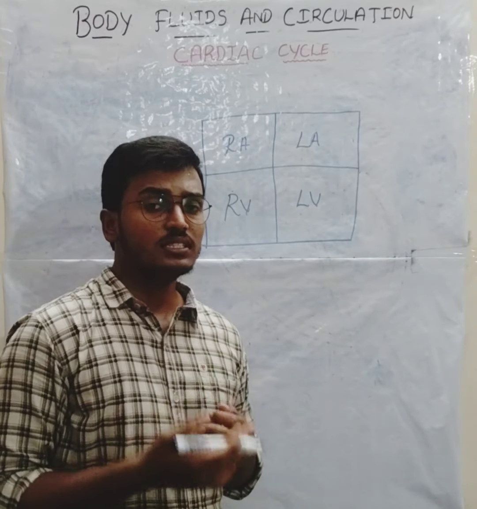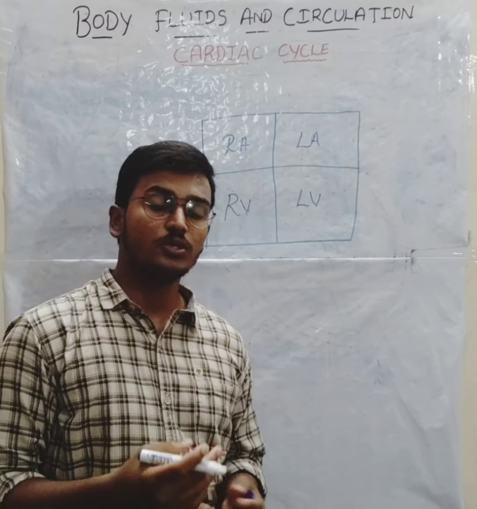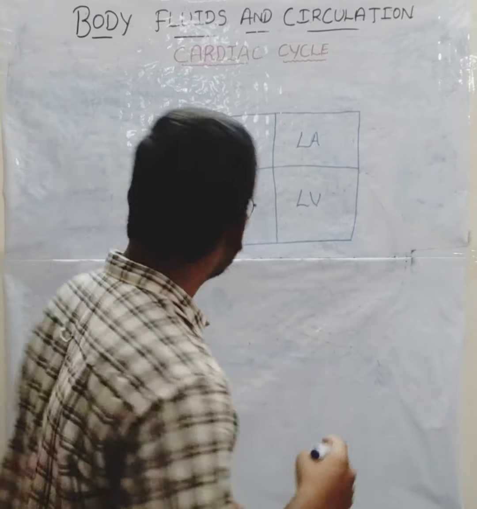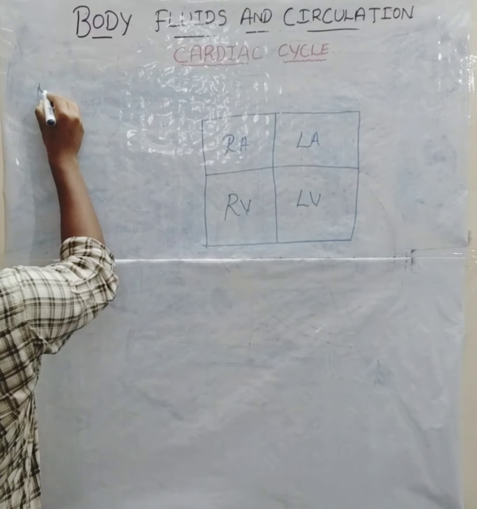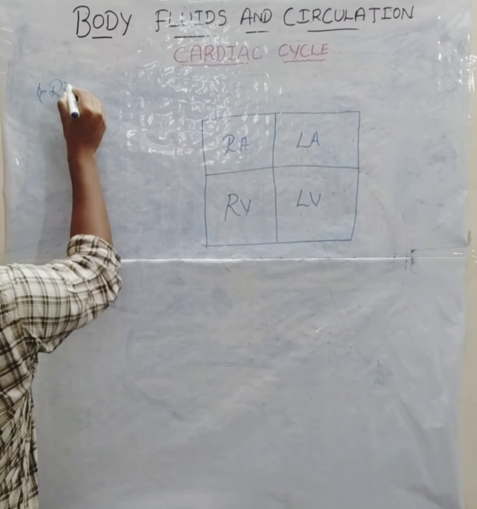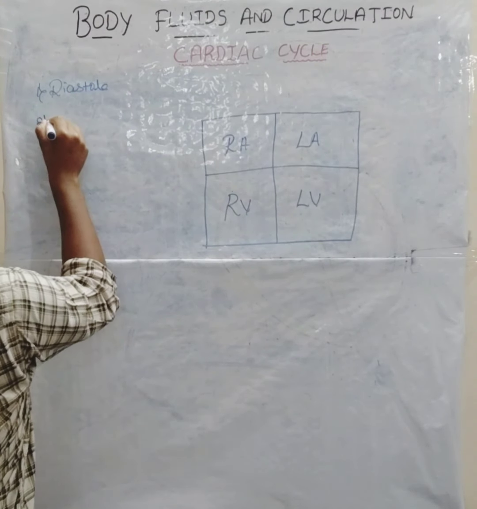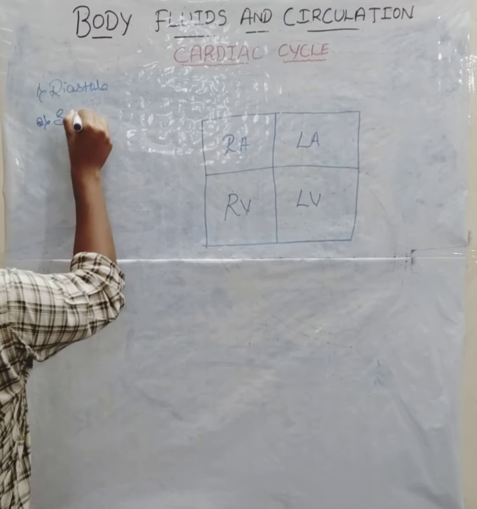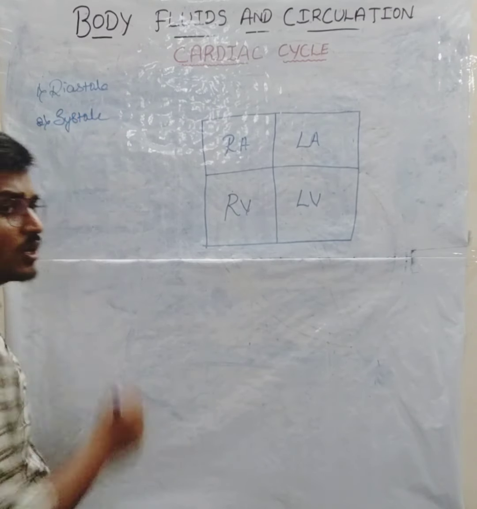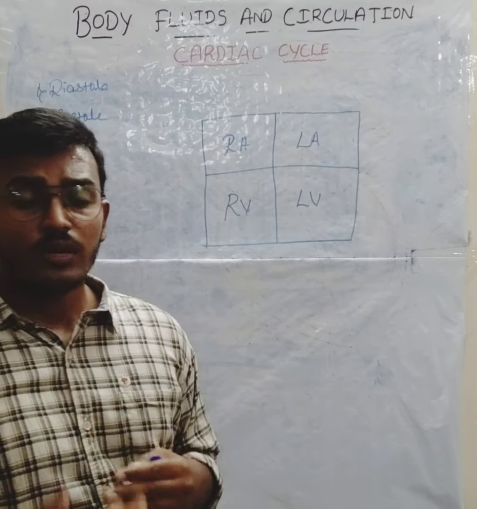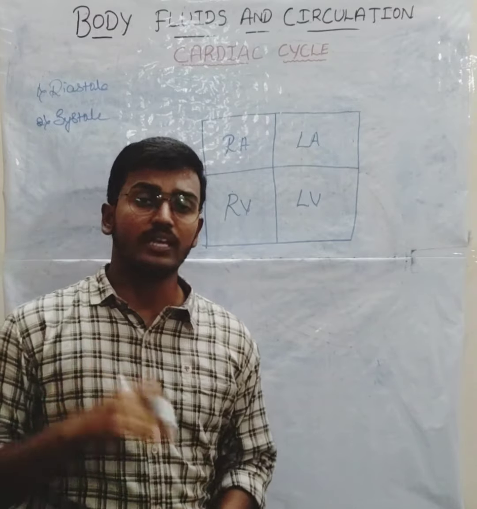When you consider the cardiac cycle, you just remember two words, that is diastole and systole. By remembering these two words, you can explain the entire concept very easily.